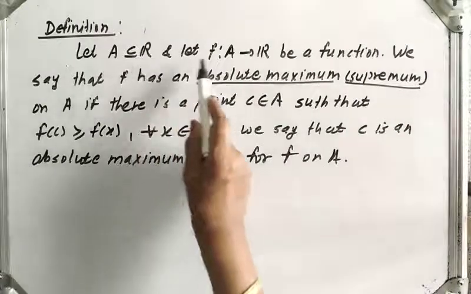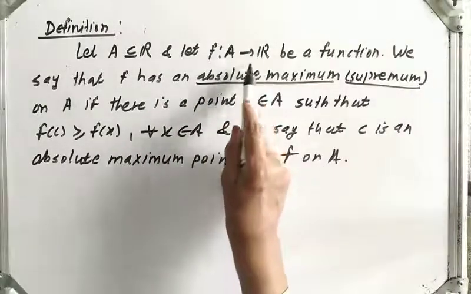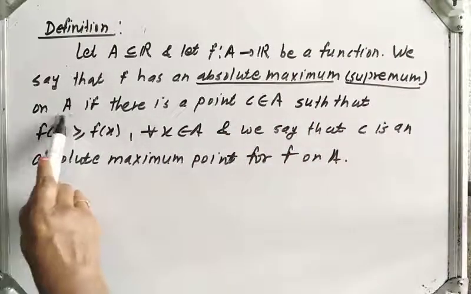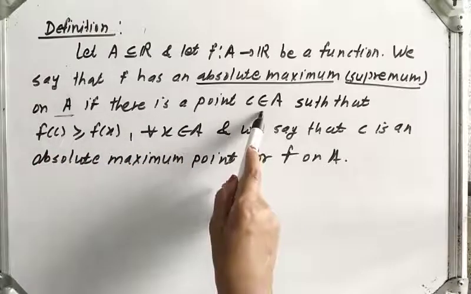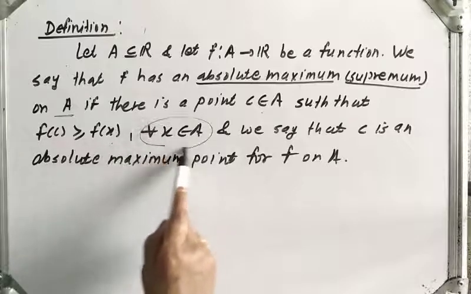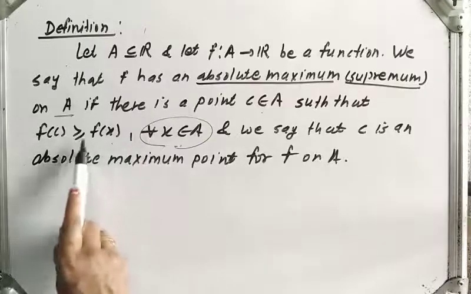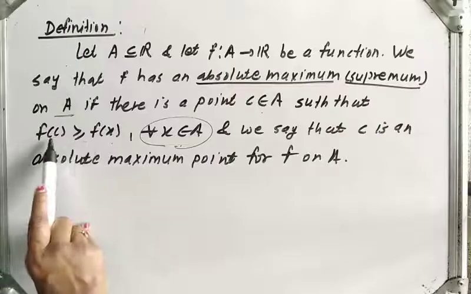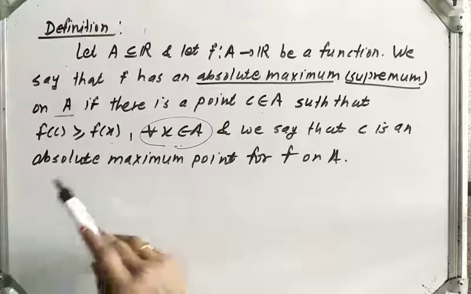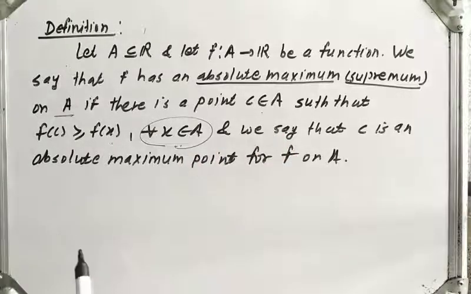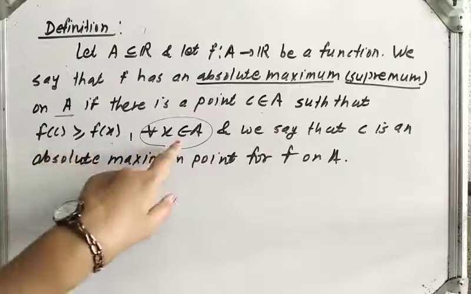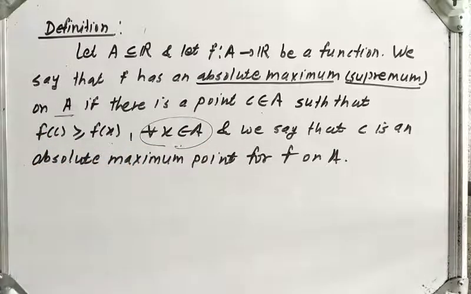A is a subset of R, f is a function from A to R. We say that f has absolute maximum or supremum on domain A if there is a point C such that f of C is greater than or equal to f of x for all x belongs to A, then we say that this point C is an absolute maximum point, because this point C exists such that f of C is greater than or equal to f of x for all x in A.